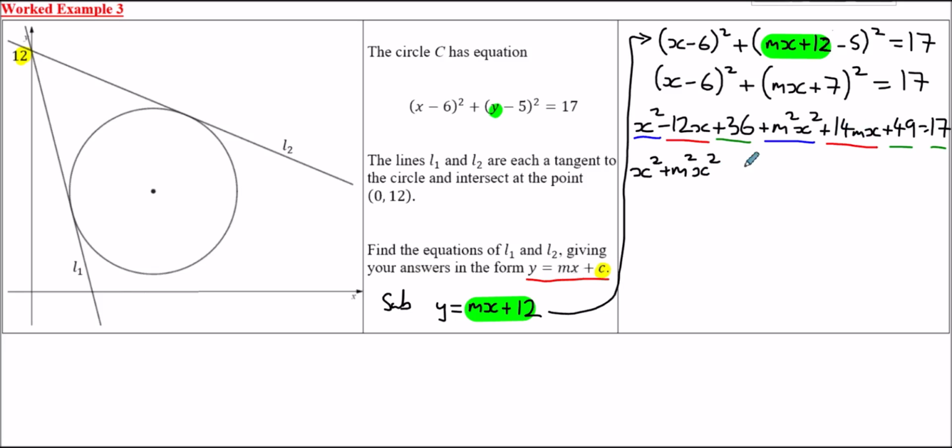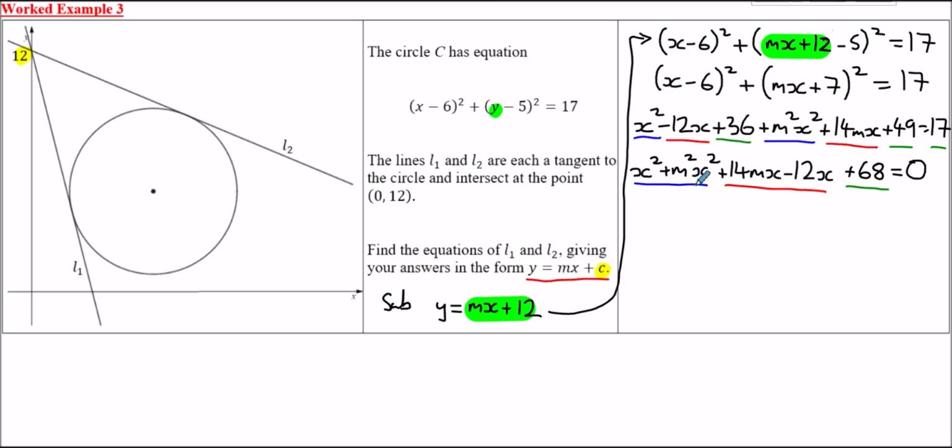Then the x's, we've got plus 14mx minus 12x. And the constant terms, 49, if we take away 17 from both sides, 49 take 17 becomes 32, plus 36, we're going to get plus 68. So all I've done so far is I've grouped together the x squared terms, I've brought together the terms involving the x, and I've brought together the constants to give us plus 68.